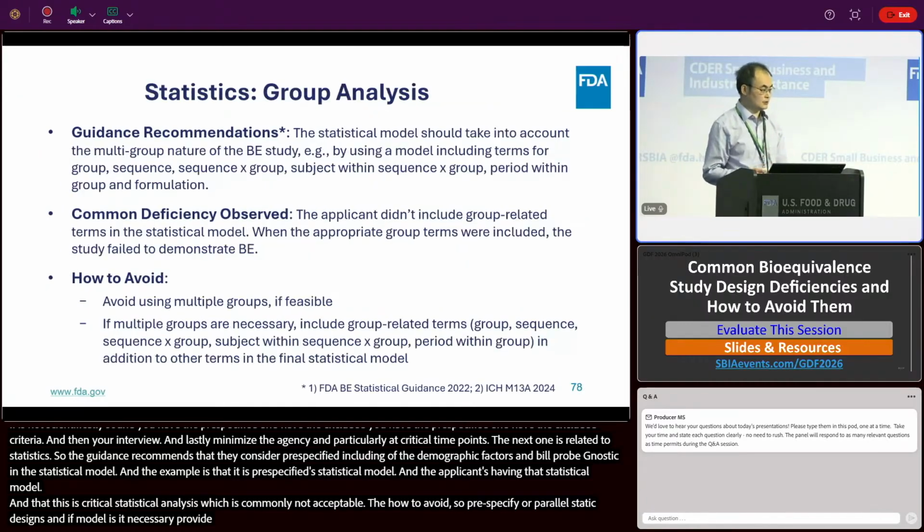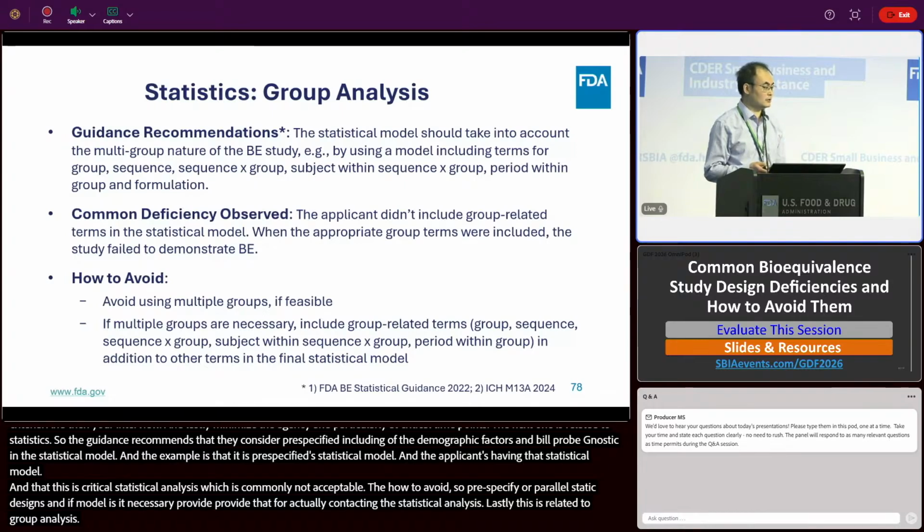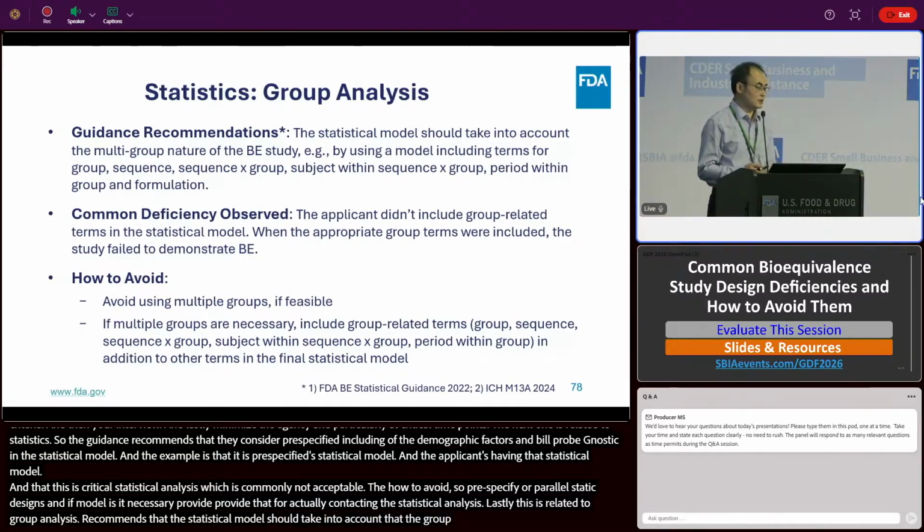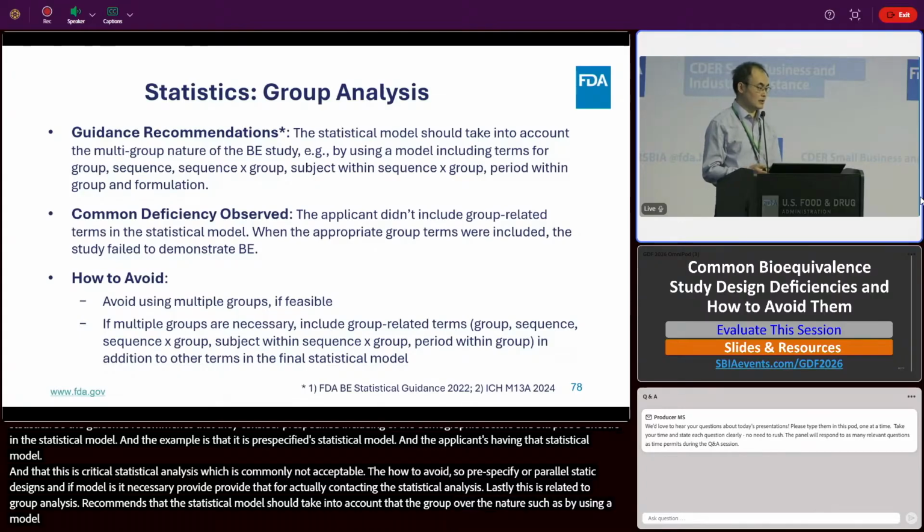Lastly, it is related to group analysis. The guidance recommends the statistical model should take into account the multiple group nature of the BE study, such as by using a model including terms for group, sequence by group, subject within sequence by group, period within group, and formulation.